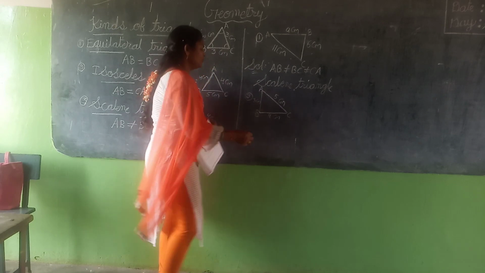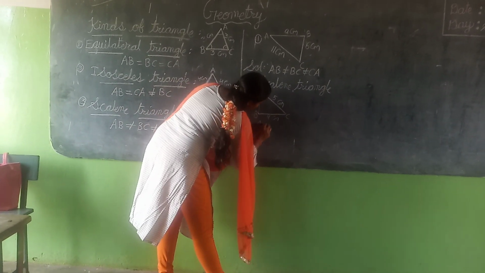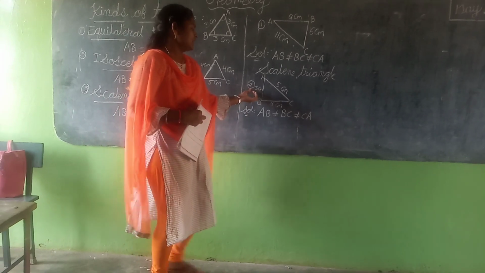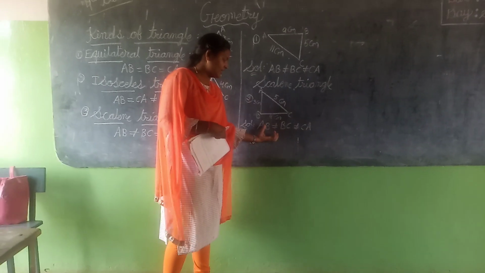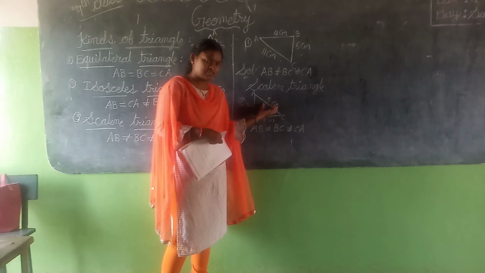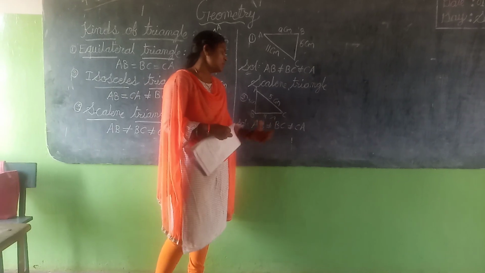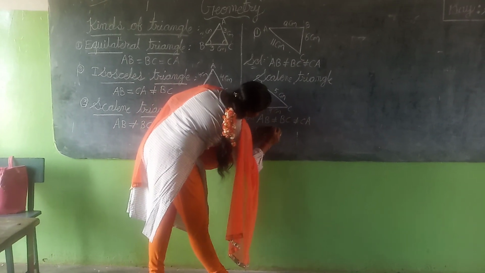This is also AB is not equal to BC, which is not equal to CA. So 3, 4, 5, are they equal? No. They are different lengths, so this triangle is again a scalene triangle.